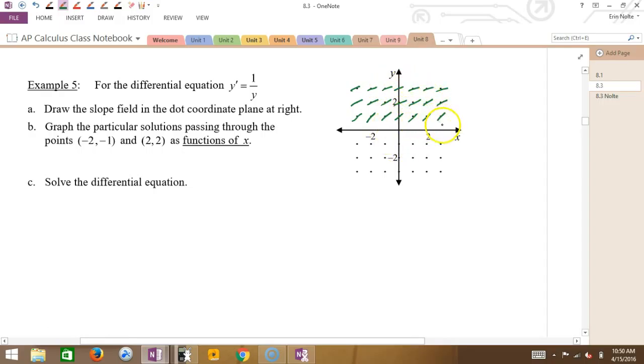Okay, when y is -1, my slope is -1, right? When y is -2, my slope is -1/2.